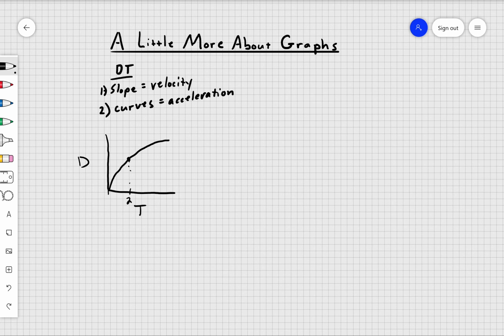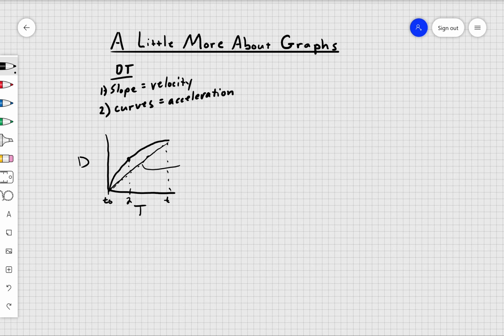But what we could do with curved sections is, if we had the beginning of the time period and the ending of the time period, let's call it t and t naught, we might be asked for the average velocity, in which case a straight line connects our beginning and ending point.